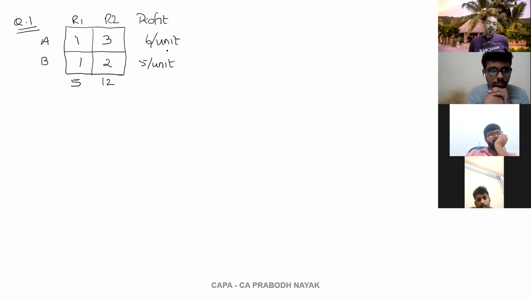Now what I have to do, as I said, my first step will be defining the variables. So how many units of A and B should be produced? That is my problem. Because I cannot produce unlimited quantity of A and unlimited quantity of B. Why I cannot produce unlimited quantity? Because I've got only 5 units of raw material 1 and 12 units of raw material 2.